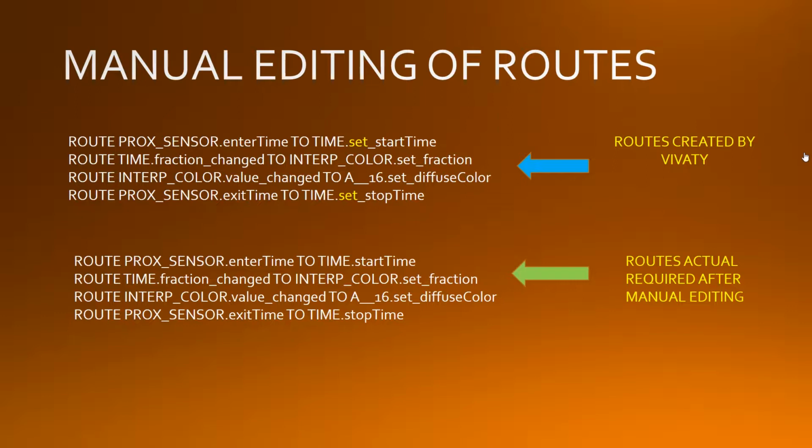Actually you have to remove dot set underscore. These are the roots which are created by the Vivid Studio, but we want such type of roots because this particular exercise was initially created without Vivid Studio. So there will be some difference between the Vivid Studio and the other software which has originally created this type of thing.